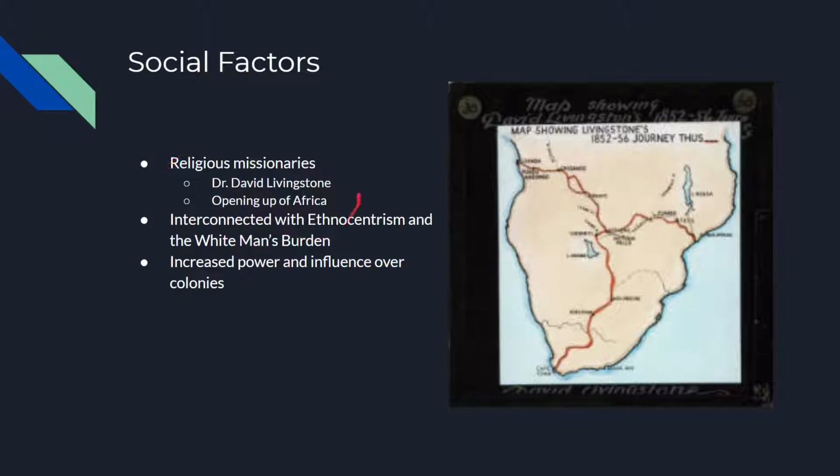But religious missionaries went in with the idea of preaching the gospel of Christianity to convert native peoples to Christianity.